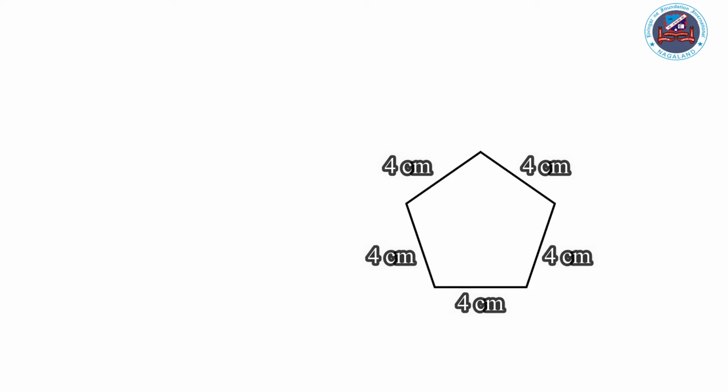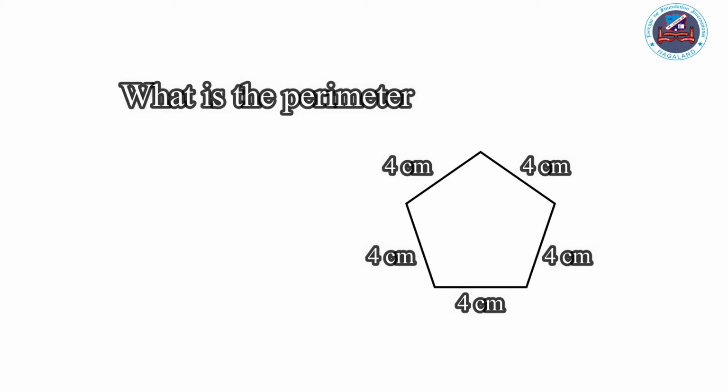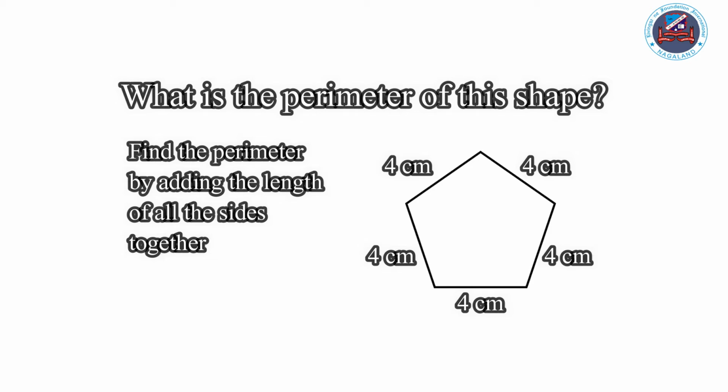Let's try this one. What is the perimeter of this shape? Well, we know that the perimeter is the distance around a shape. Find the perimeter by adding the length of all the sides together. So let's add the sides together. That is 4 plus 4 plus 4 plus 4 plus 4.